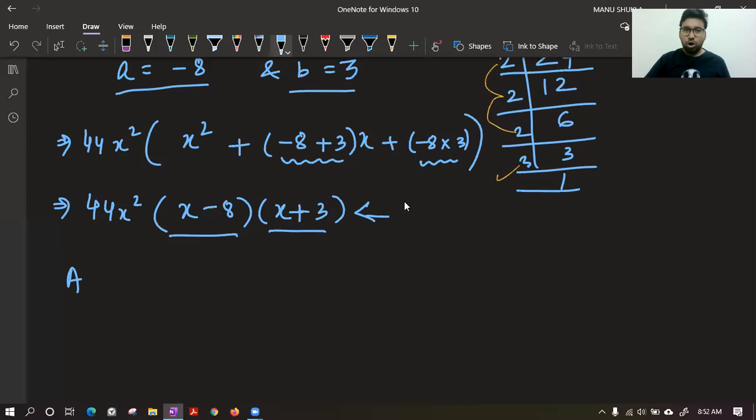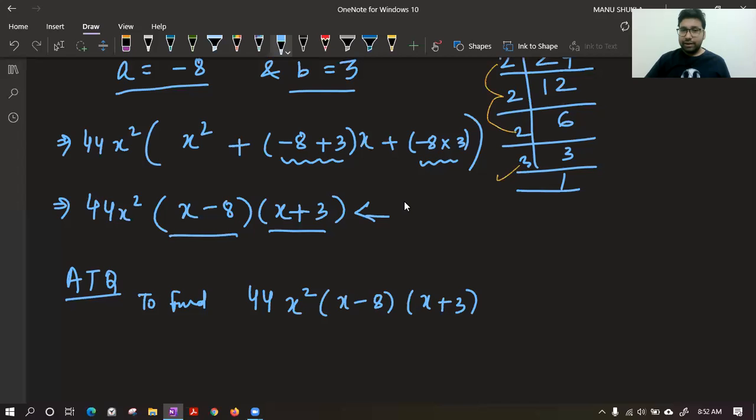So according to the question, we have to find 44 x square x minus 8 x plus 3 divided by, we had to divide this dividend by a divisor which was 11x x minus 8.